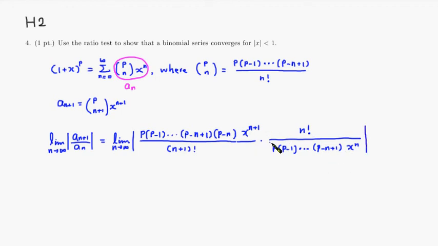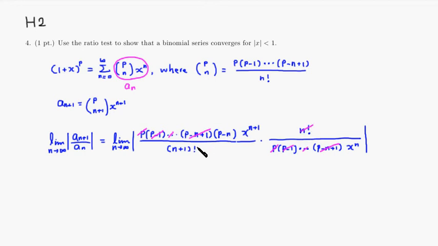Alright, so let's cancel all the common factors we can. First, p cancels with p on the bottom. You have p minus 1, and everything in between, and p minus n plus 1 cancel as well. And n plus 1 factorial is the same thing as the quantity n plus 1 times n factorial, so that cancels with n factorial.